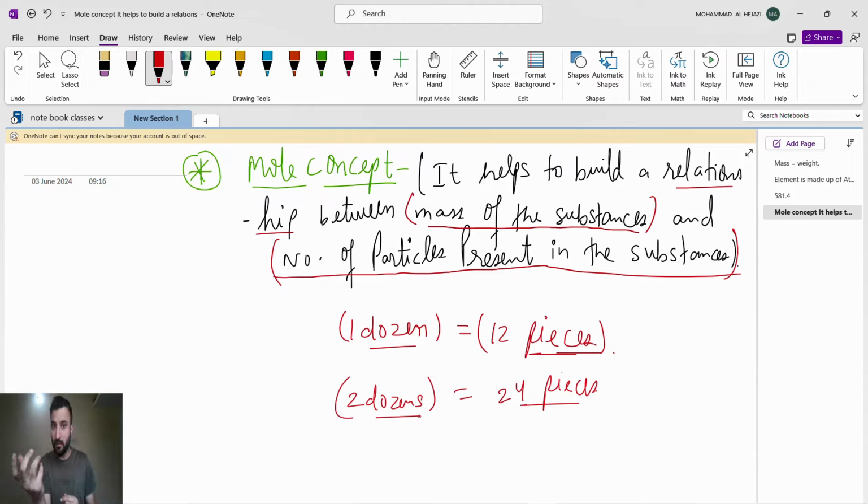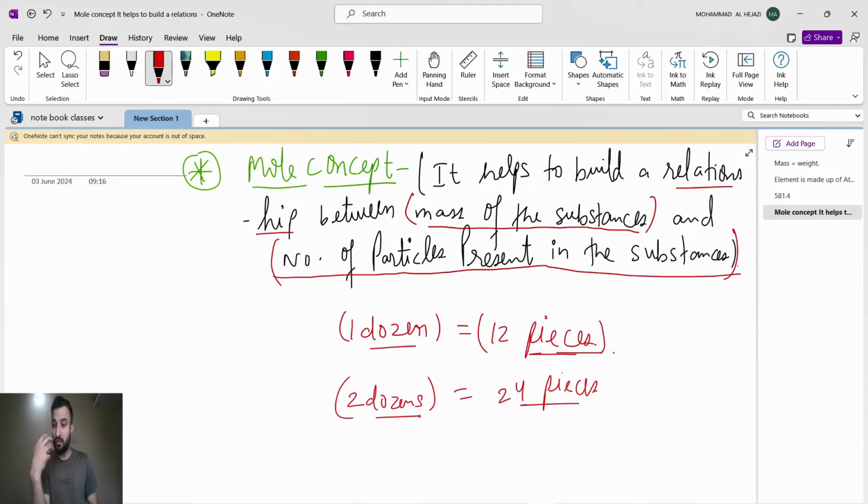Same if I do the opposite. If I give you the number of particles, you will say how much mass there is. If I tell you 1 dozen, you say 12 pieces. If I give you 24 pieces, you say 2 dozen.